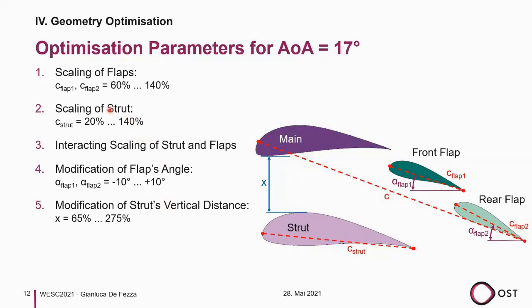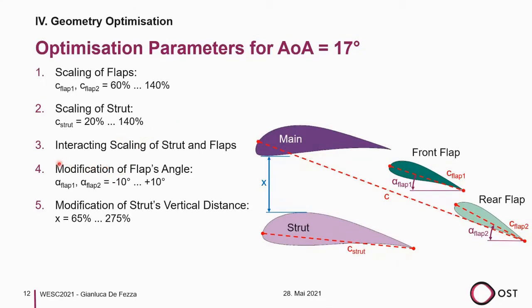So first of all, we scaled the flaps, each flap separately, from 60 to 240 percent, and similar for the scaling of the strut, we scaled it from 20 to 140 percent.